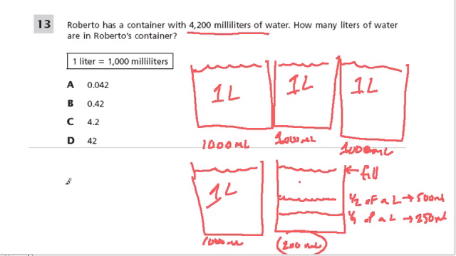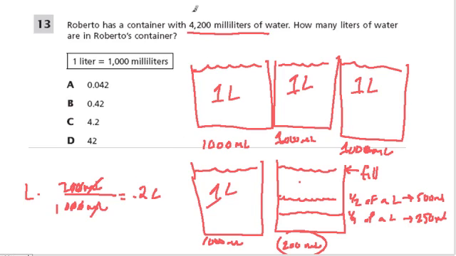A simple way of thinking about it is 200 milliliters divided by 1,000 milliliters, and these cancel out, giving 2 over 10, which is 0.2. So this is 0.2 of a liter. And I'm doing something wrong with my units here. Sorry about that. I guess it's liters times this. How many liters would it be? Well, it would be 0.2 liters.